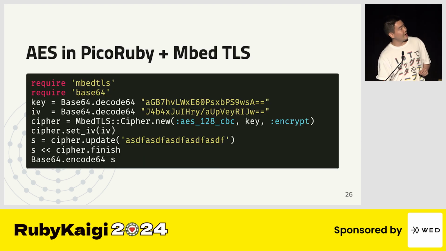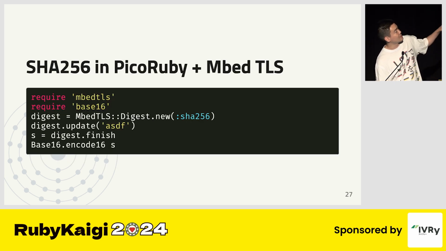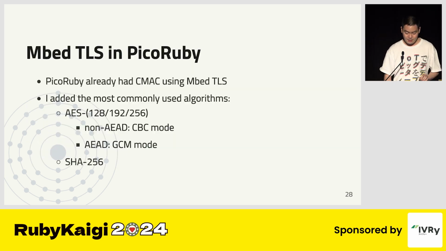And this is how AES is done in PicoRuby plus mbedTLS. It looks pretty much the same as OpenSSL, and this is what SHA-256 looks like. It's pretty much the same. So PicoRuby already had CMAC using mbedTLS before I went in, and I added the most commonly used algorithms, AES for symmetric key encryption.